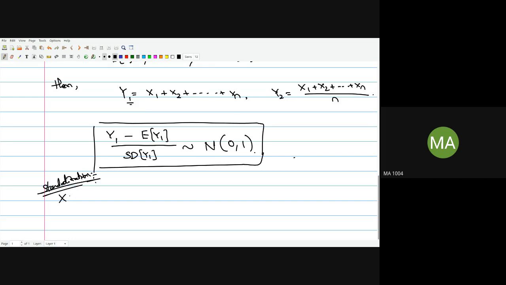If x is a random variable, any random variable with some distribution, then x minus expected value of x divided by standard deviation of x will follow normal 0, 1. So just recall, in week 3, I suppose.